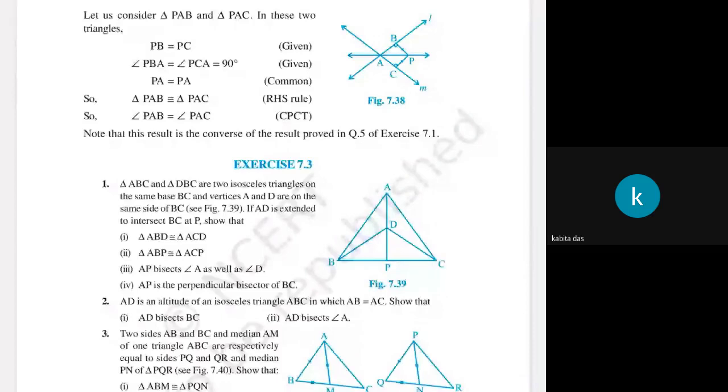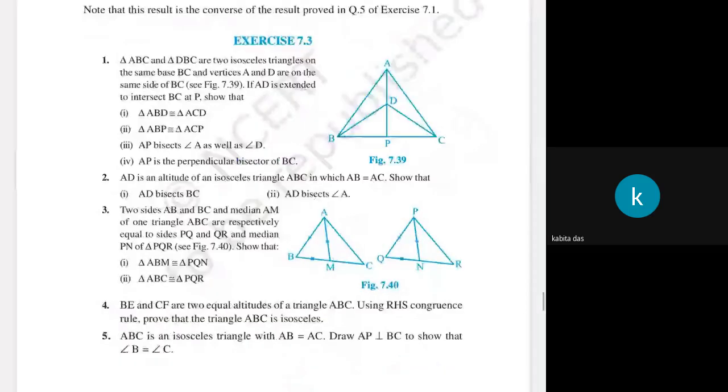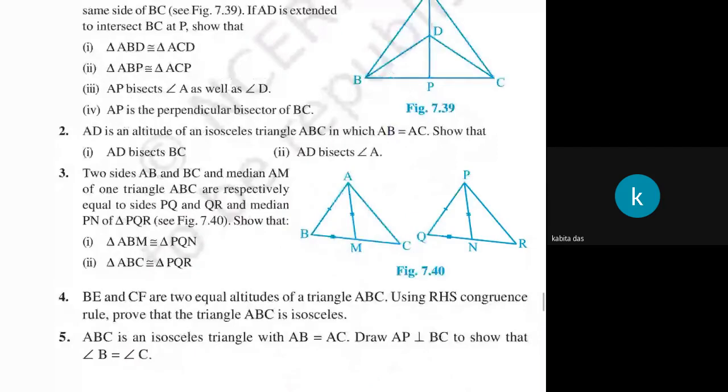Now the second question, see here. Is it visible to you? Yes, sir. So what is the second question given? AD is an altitude. What is the definition of altitude? Can anyone say the exact definition of altitude?